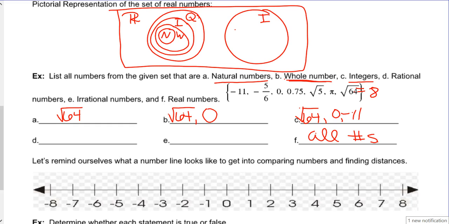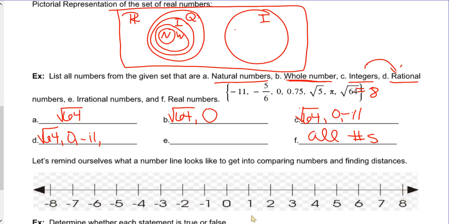All right, section D is any rational numbers. Well, all integers are rational numbers. So I'm again going to start with the square root of 64, 0, negative 11, and I come up here and see, are there any fractions or integers? Ding, ding, ding, this one right here.